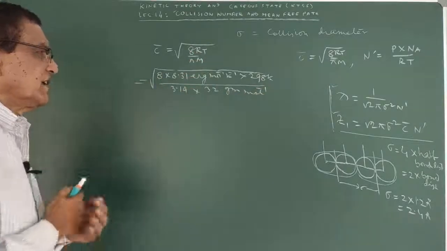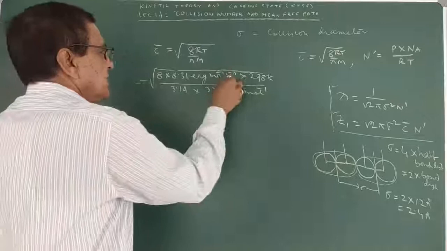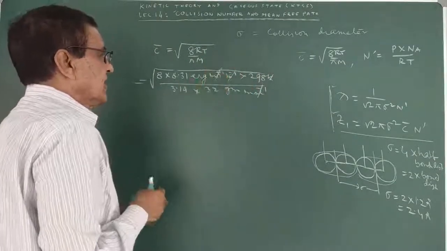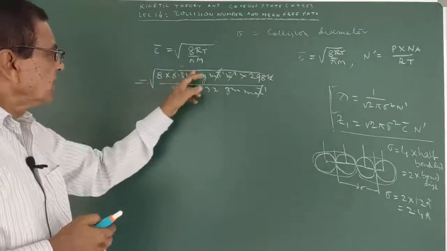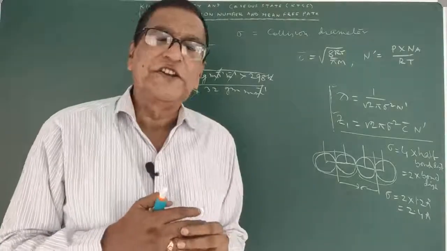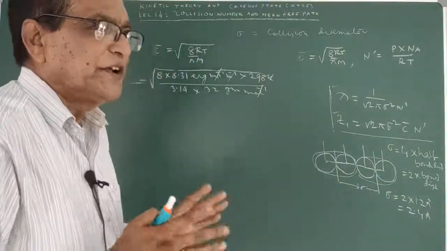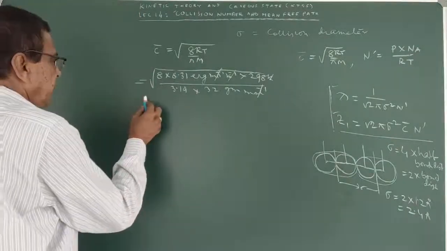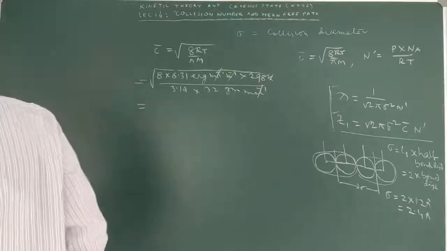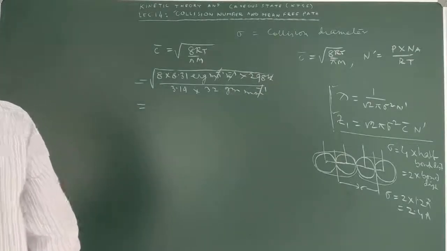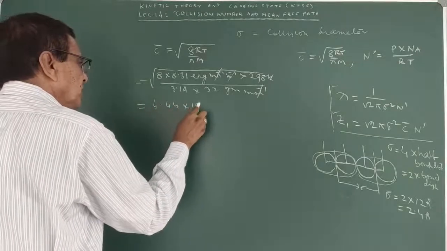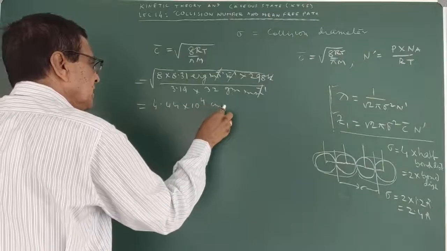So all the values are given. Kelvin cancels, mole inverse cancels, and the root over erg per gram gives centimeter per second, the unit of speed. If we do this calculation, it will be 4.44 into 10 to the power 4 centimeter per second.